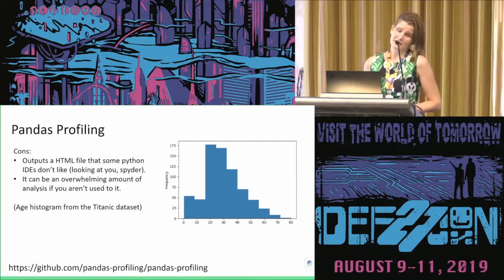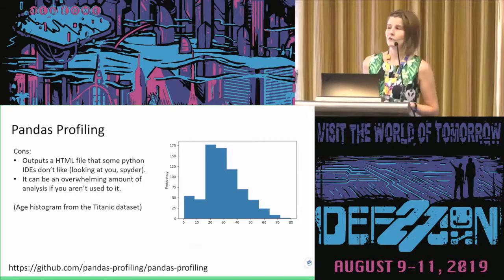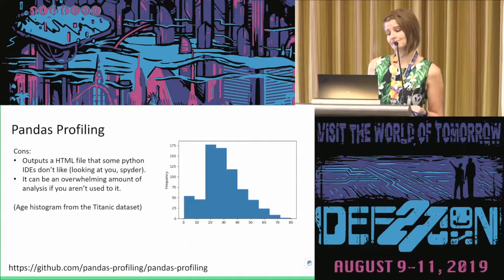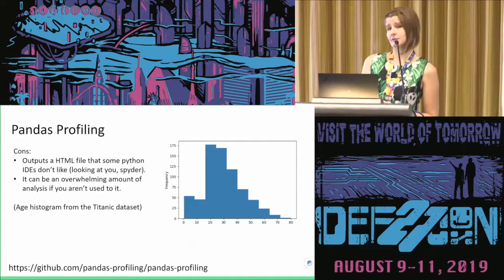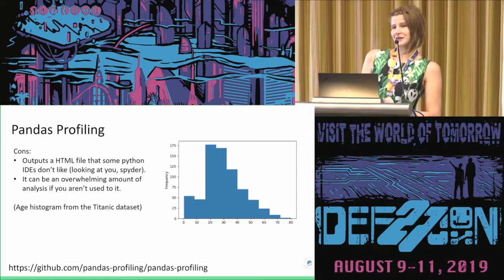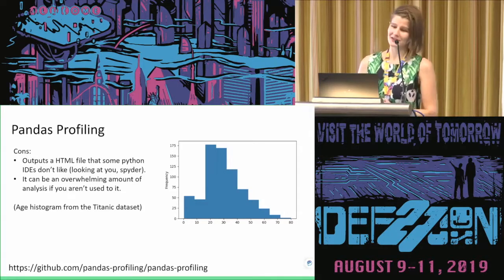So the cons of pandas profiling, the output's HTML. I normally use Spyder. Spyder is not super happy about HTML files. You can save it to a file. That's pretty much your only option with Spyder.